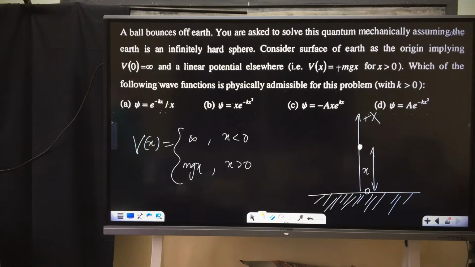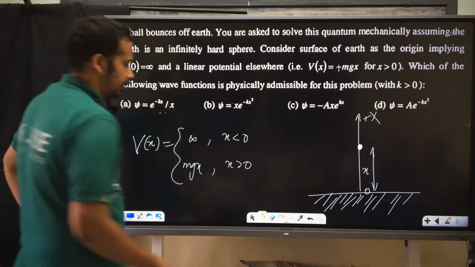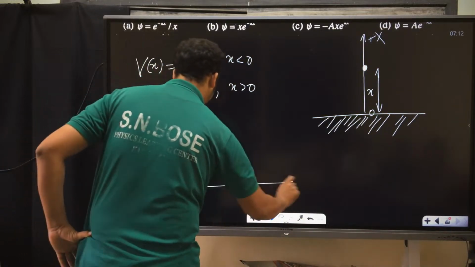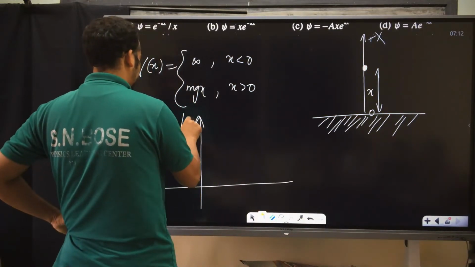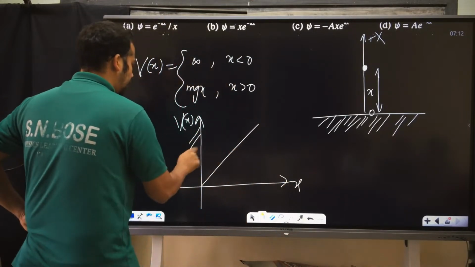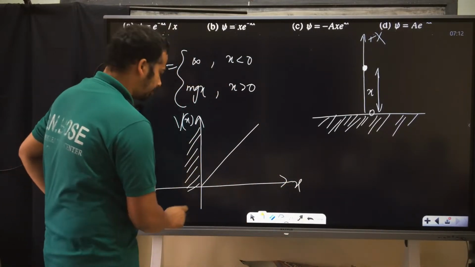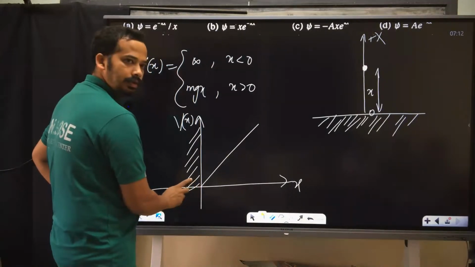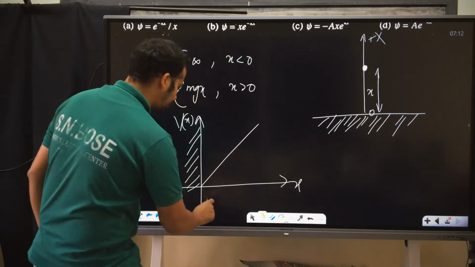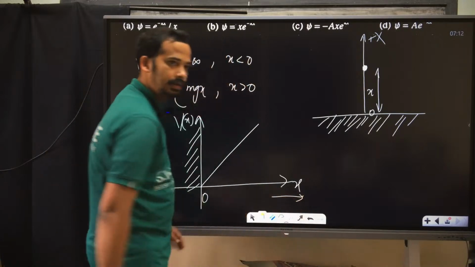Which one of the following wave functions is physically admissible? You draw this potential first. V of x as a function of x is linear here, it is infinite here. That means the particle cannot enter here. And it should be normalizable in our region of interest, 0 to infinity.